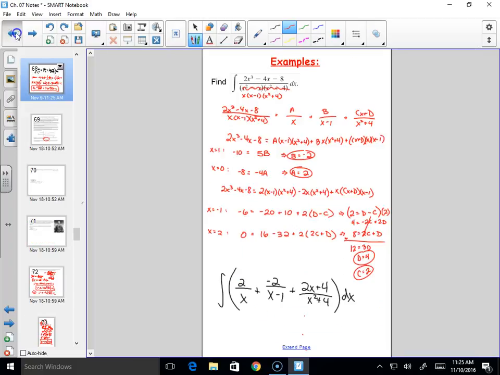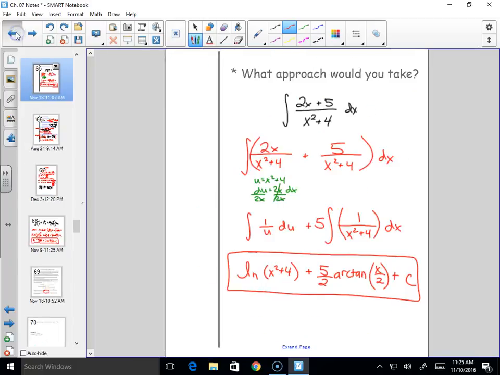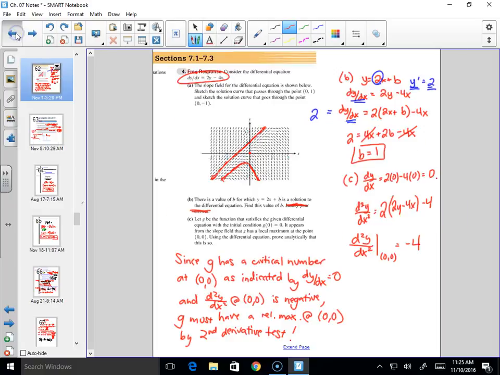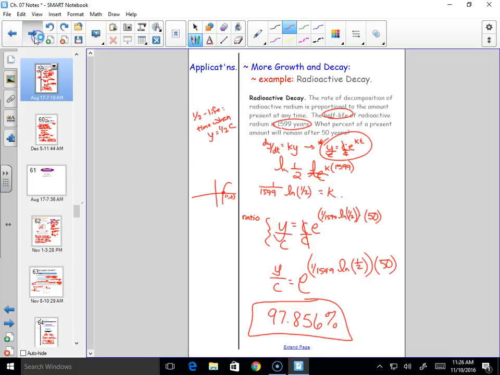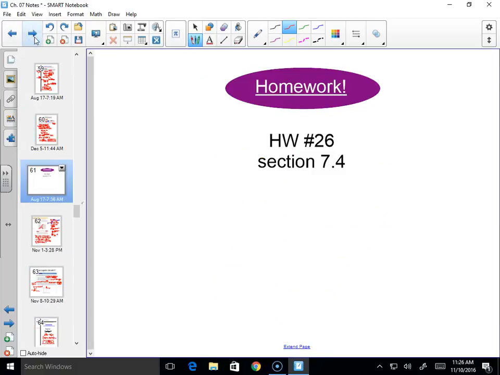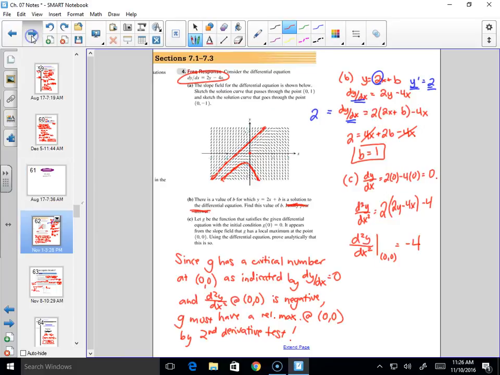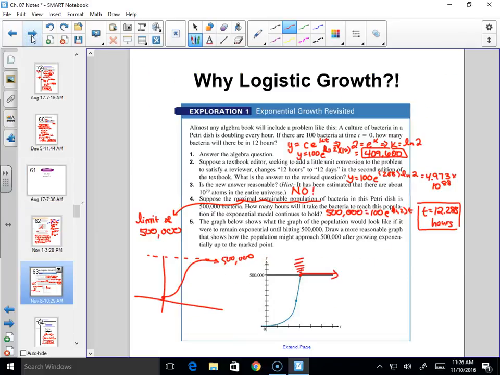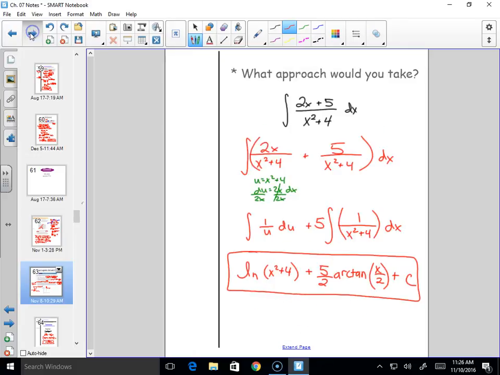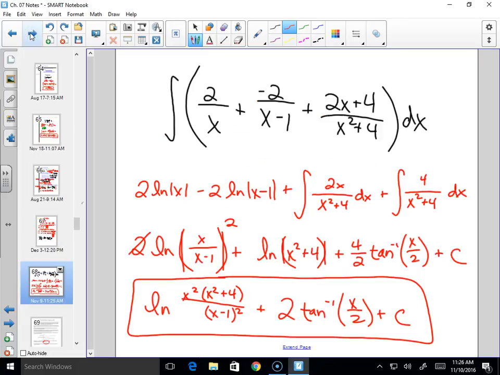It was in our book. Sustainable population, that sounds snappy. The maximal sustainable population. Either way, basically, it's limited by L, right?